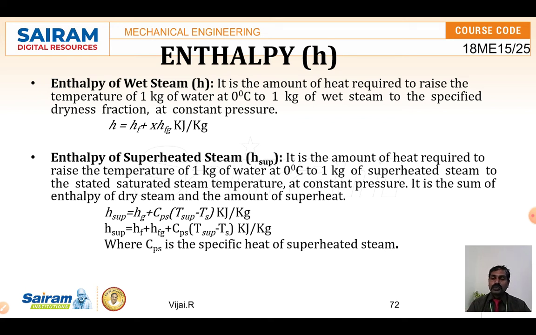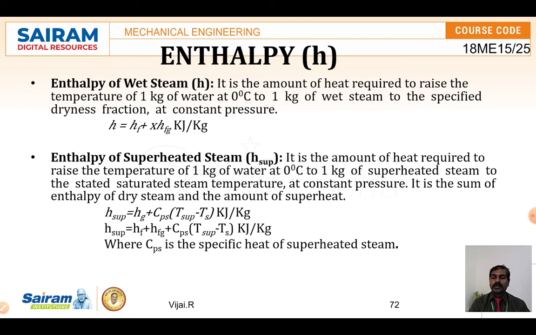The amount of heat required to convert 0 degree water to a superheated level is called the enthalpy of superheated steam. H super = Hg + Cps (T super - Ts). Cps is the specific heat of superheated steam. We will see that in the next slide.